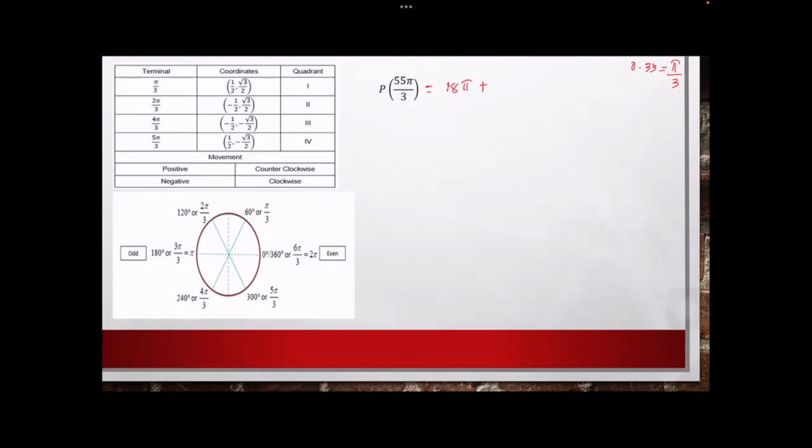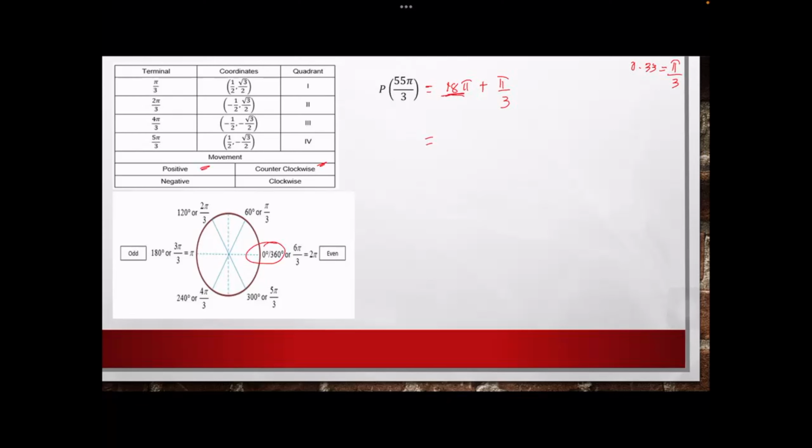So, we can now identify the coordinates of the given. Again, this is 18. Ang 18 natin ay even. So, mag-start siya dito. Sabi dyan, positive. Positive yung 18.